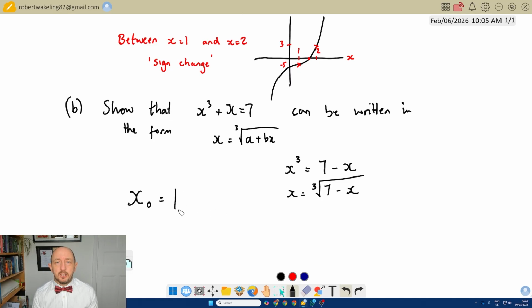You put your 1 into this formula for x, not this x on the left, the one on the right hand side, the one that's not the subject. And you calculate this using this value that they've given you. So you're going to put 1 into this right hand side of the equation, never the left part.